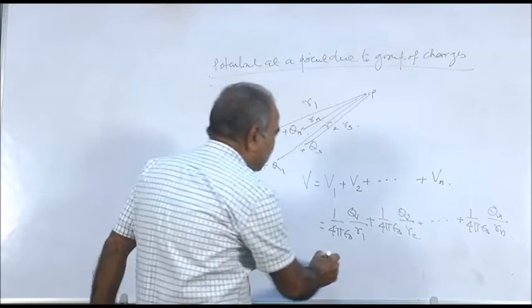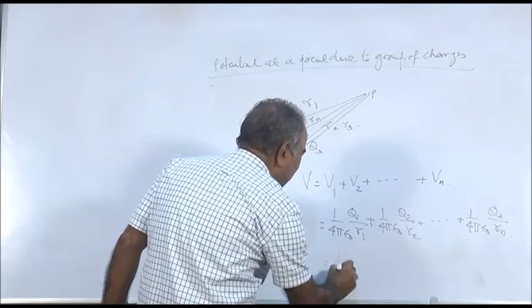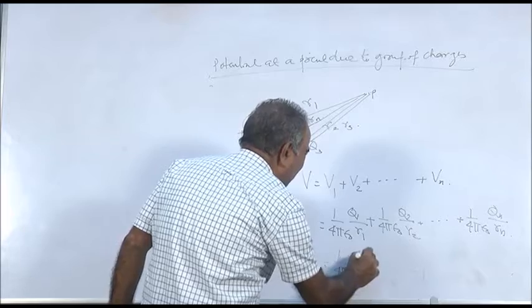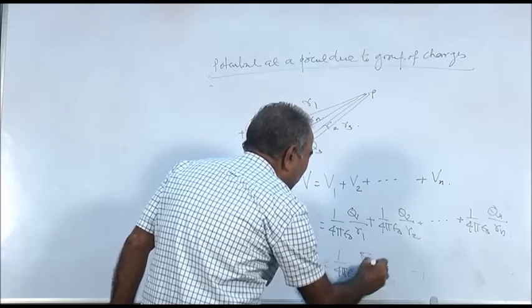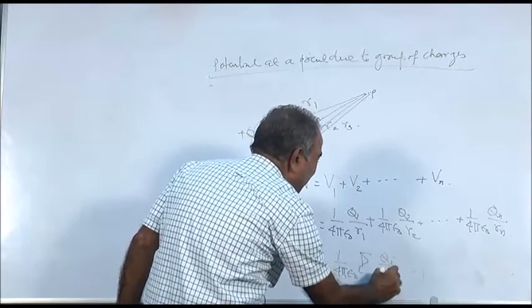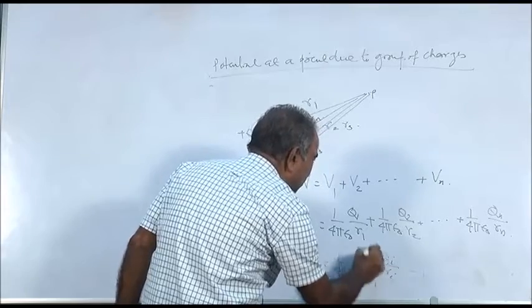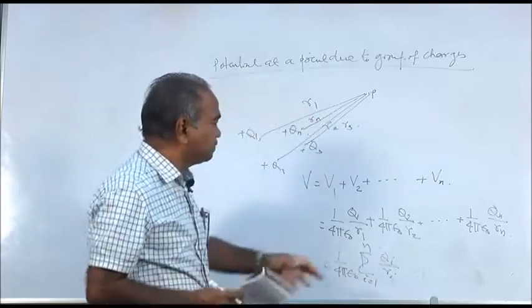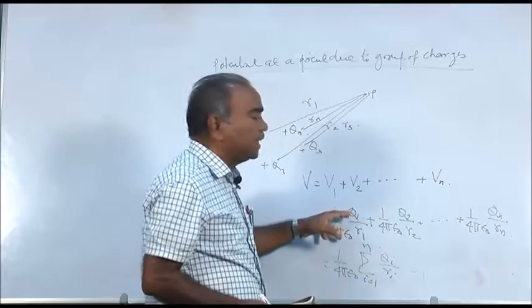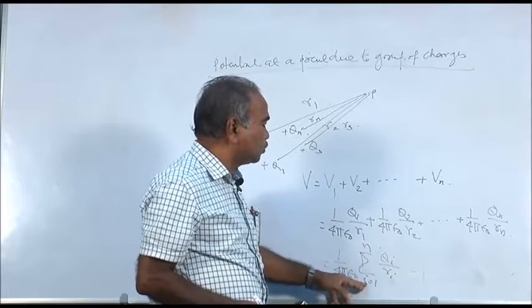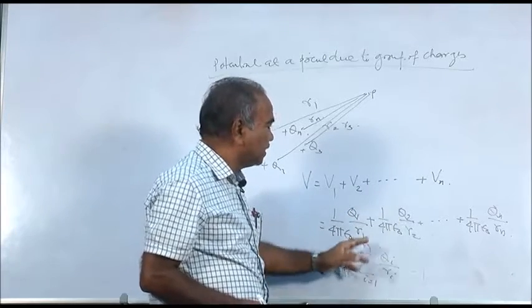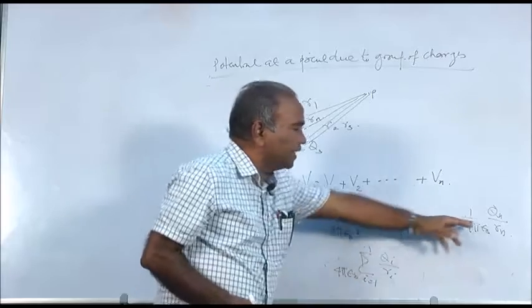So, if you take common 1 by 4 pi epsilon 0, then it is the sum over Qi by ri, where i is equal to 1 to n. This means if you take i equal to 1, you will get the first term. If you take i equal to 2, you will get the second term. Similarly, i equal to n, you will get the last term.